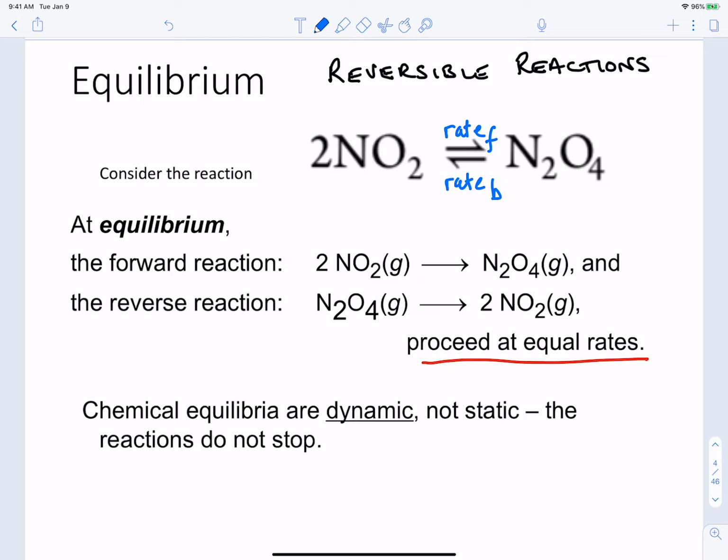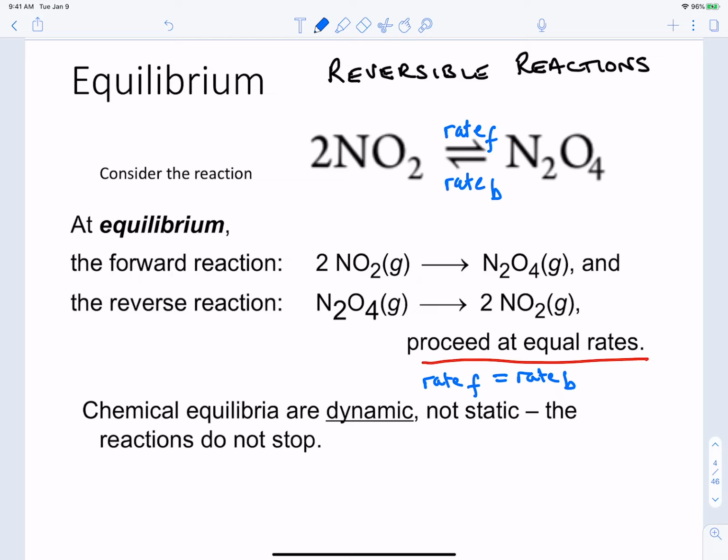And at equilibrium, the forward reaction and the reverse reaction proceed at equal rates, which basically means that the rate of the forward reaction is going to equal the rate of the reverse reaction or the back reaction, depending how you want to talk about it.